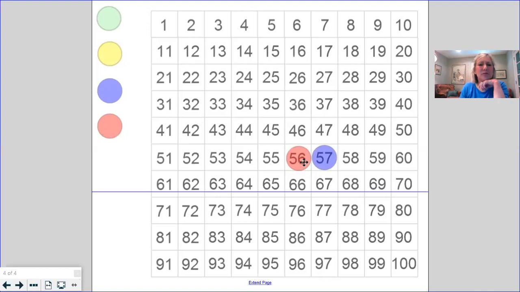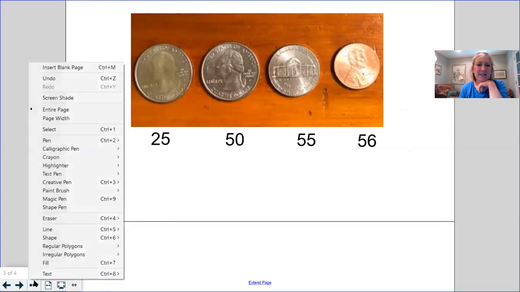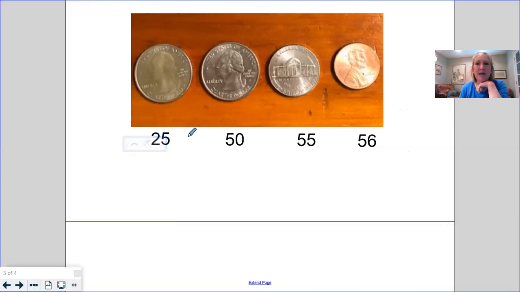Okay, so what would happen though if I had my 56 cents, but someone came and took away my penny? That would be one less than 56, right?